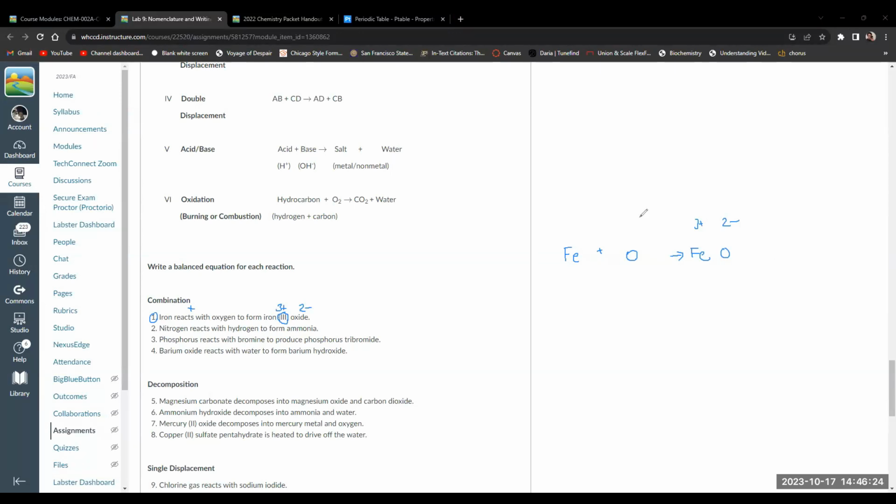So this is still the same kind of math that we did in nomenclature earlier. We want them to equal 0. So we're going to need 2 irons, 3 oxygens, because this gives us 6, and this gives us 6 negative.